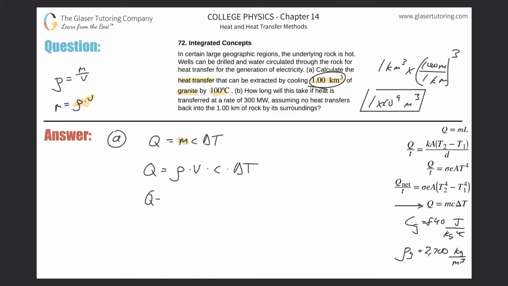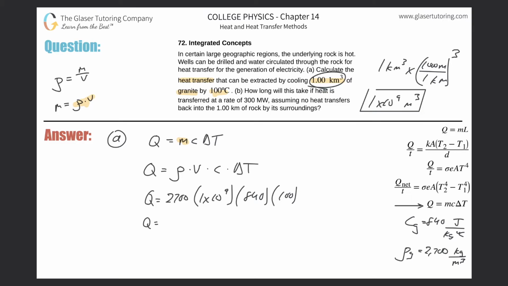So let's do it. Q is now equal to the density of granite, which was 2,700, gotten right from the text, multiplied by the volume, which is 1 times 10 to the 9 cubic meters. Specific heat is about 840, gotten from the text, and the change in temperature is 100, as given in the problem. So let's do it. 2,700 multiplied by 1 times 10 to the 9 times 840 times 100.